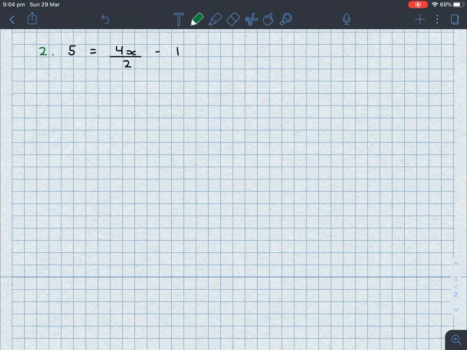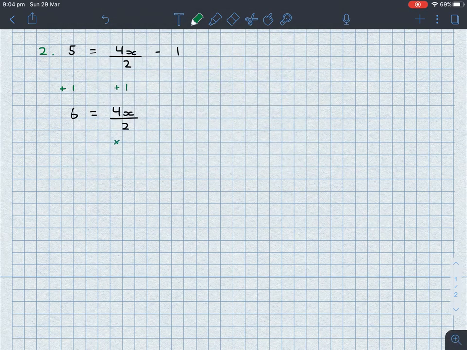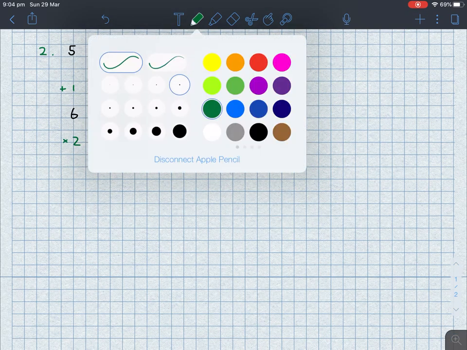So what I'm going to do here is I'm going to plus 1 to both sides. So 5 plus 1 gives me 6 on the left. Once that 1 is gone, I'll just be left with the fraction. Then I can get rid of the denominator. So I'm going to multiply both sides by 2.